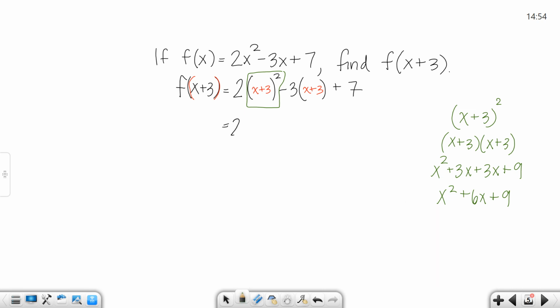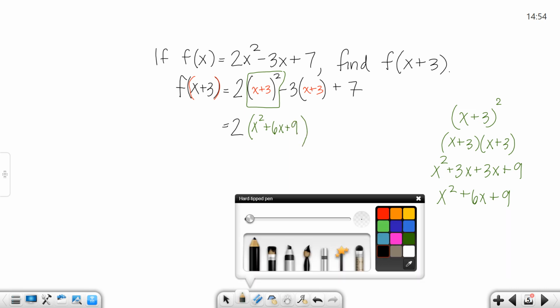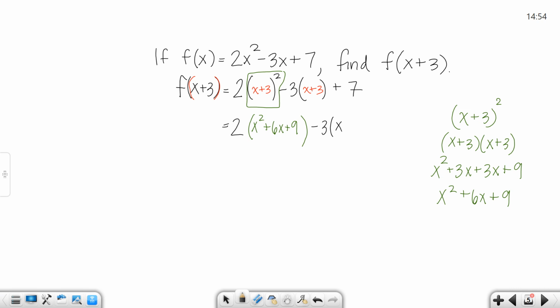So this would be a 2 times x squared plus 6x plus 9. Okay, and so that's how it would look. Now at this point we can go ahead and distribute and clean it up. Okay, so that's what you get when you simplify it all out.